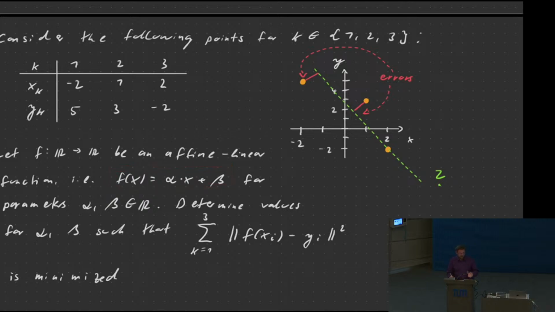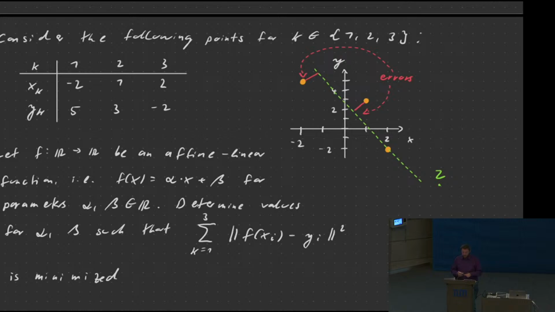It's linear plus some translation, right? We don't know the parameters alpha and beta, and we'd like to determine those alpha and beta such that this error that we make here and here is as small as possible. So we're using least squares error measurements. In other words, we want to minimize this here, right? And the task is to compute the right values for alpha and beta.